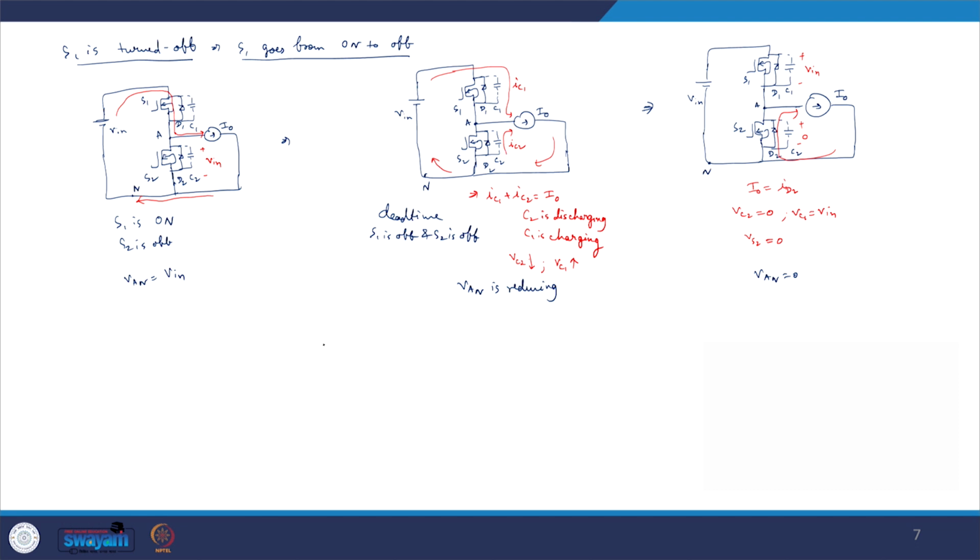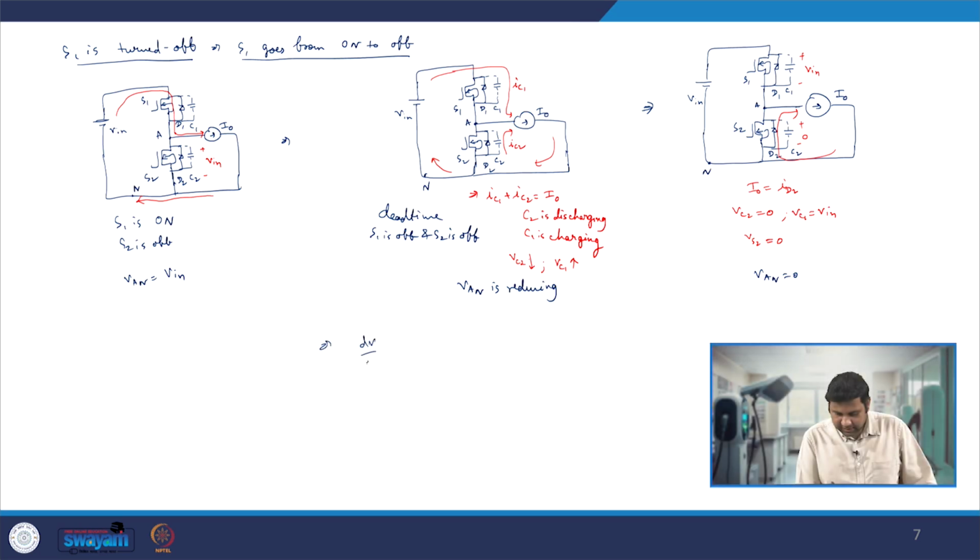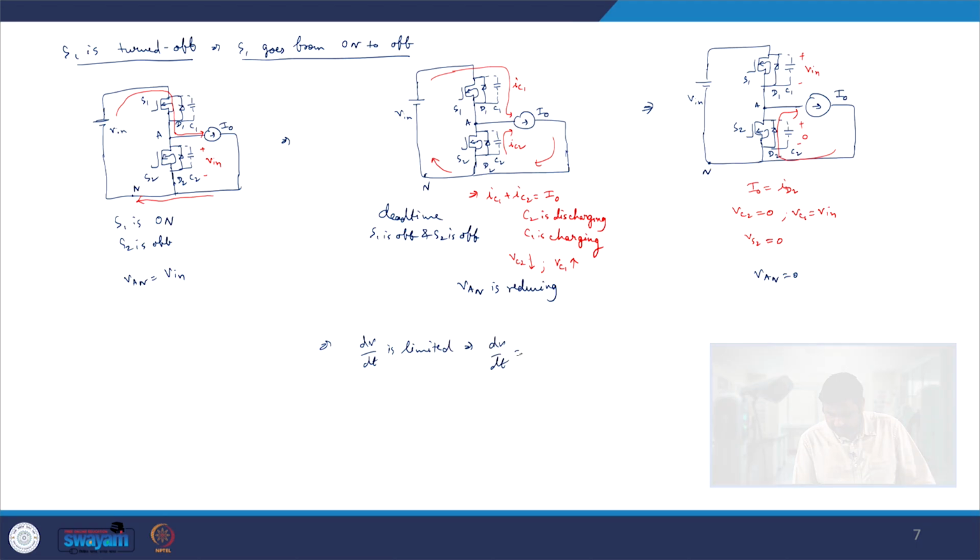So in this case my dV/dt is limited, and this value is dV/dt equal to I naught by C1 plus C2. It only depends upon the external current which is flowing out of the half bridge and the output capacitance of the devices S1 and S2.